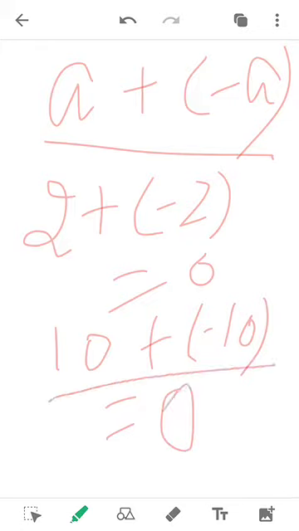Thus, if we do the sum of two integers, one positive and another negative inverse, then we will always get 0.